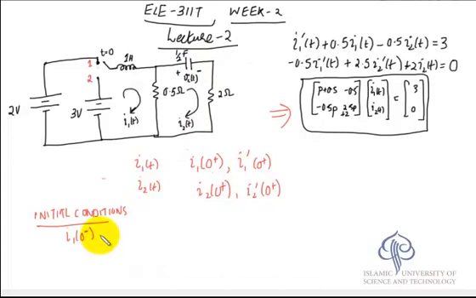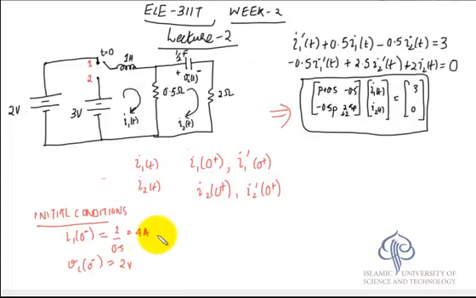So I1 0 minus is simply 2 divided by 0.5, that is 4 amperes. Similarly, Vc 0 minus, the voltage across the capacitor, is going to be the voltage that is applied here, because there is no current across, so this point is connected to this point, and the potential of this point is equal to the potential of that point. So Vc 0 minus is going to be the source voltage, that is 2 volts.